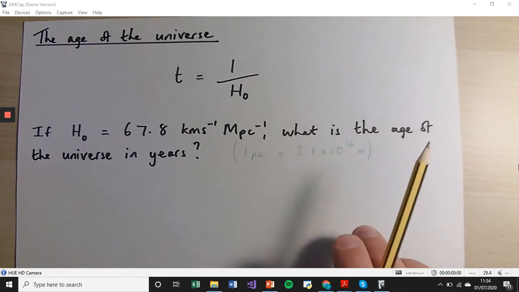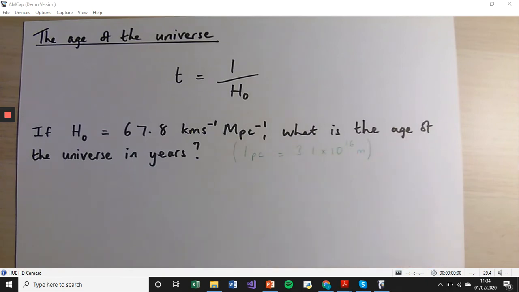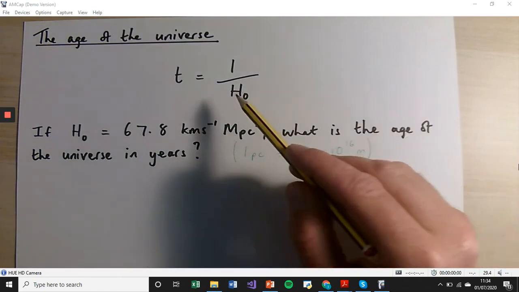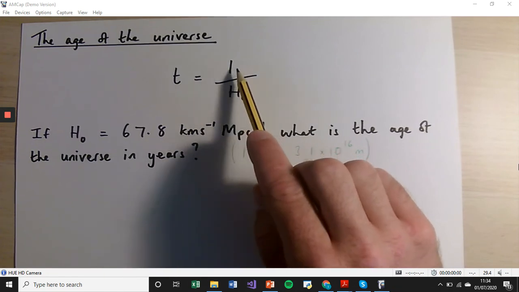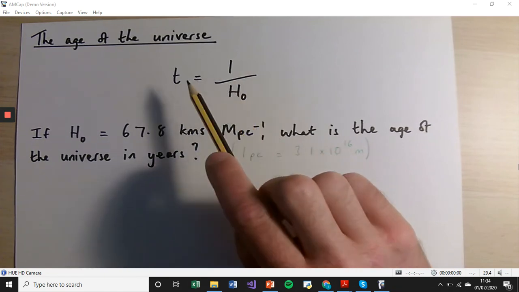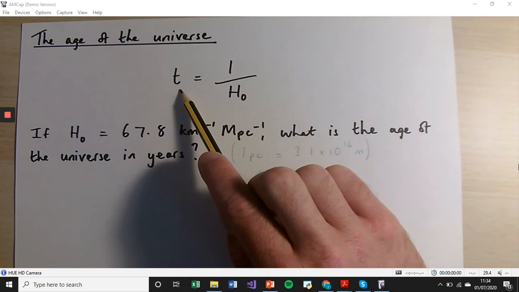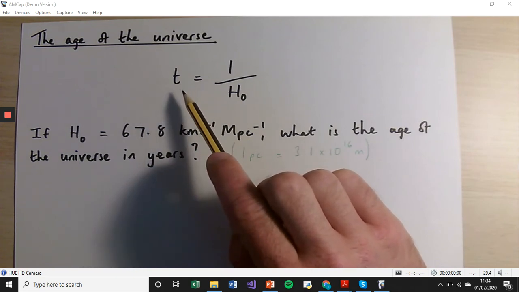If we've measured the recessional speeds of galaxies and their distances from us, and we've got an accurate value for the Hubble constant, then doing 1 divided by that Hubble constant will give us the time that the universe has existed for, how long those galaxies have been expanding for.